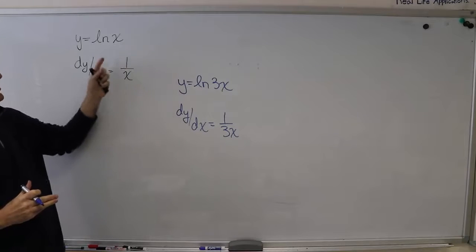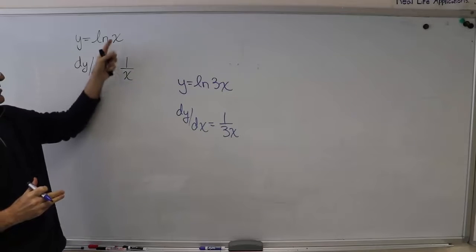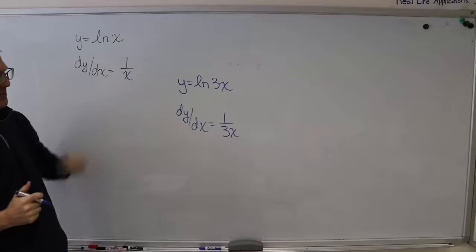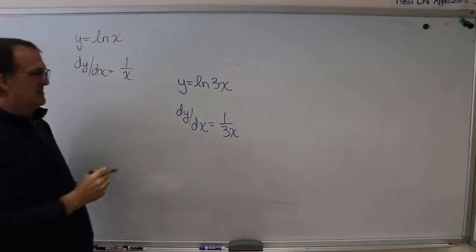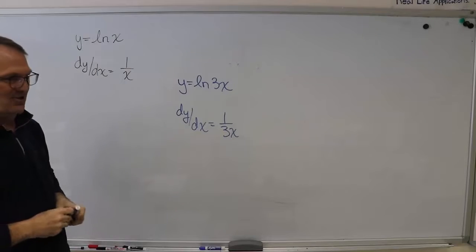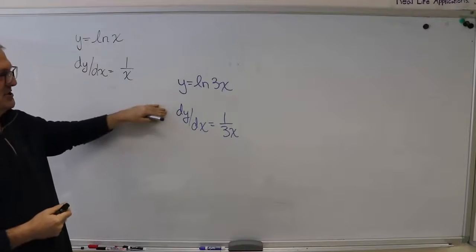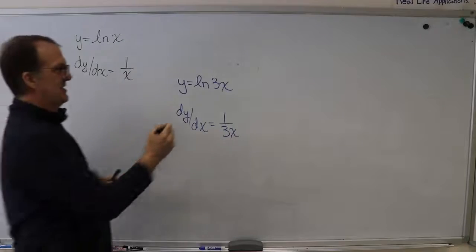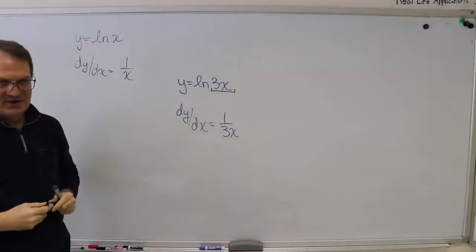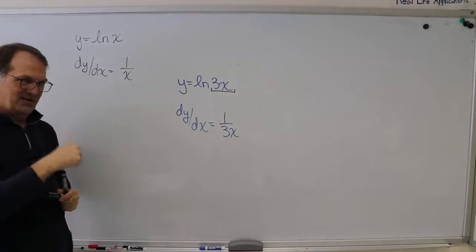What the formula booklet's not giving you is what happens if this is not just x. Okay? I can pretty much tell you all of these types of questions, you have to realize that 3x is a function inside a function.